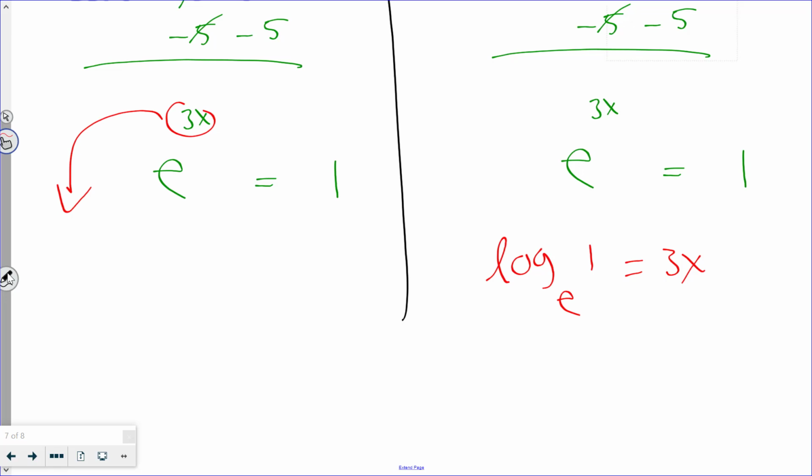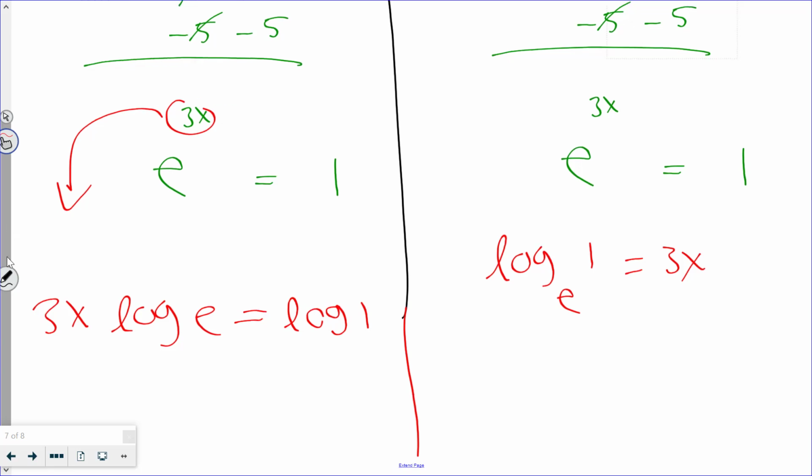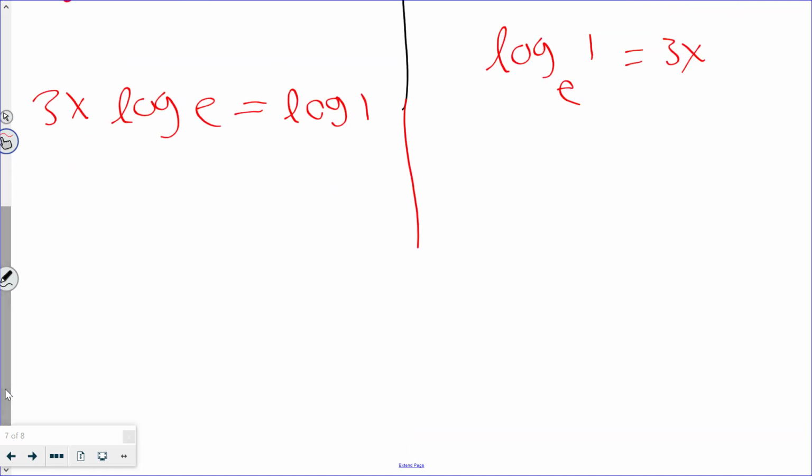Go ahead, Valentina. 3x log e equals log 1. Juliet, I'm happy you brought this way up too. So I want you to see both of them and see how we get the same answer. Yes, Kelvin, exactly. So we'll come back to this in a second. Just follow this one here. Make sure your notes are continuing from this line here.